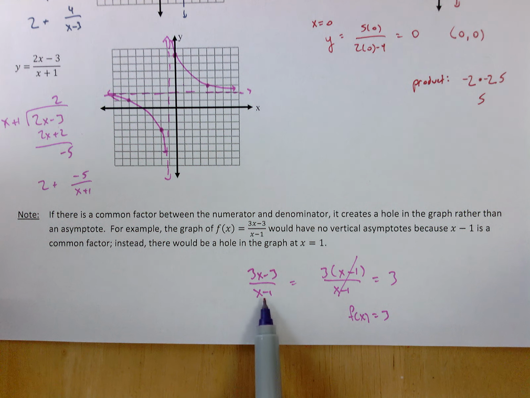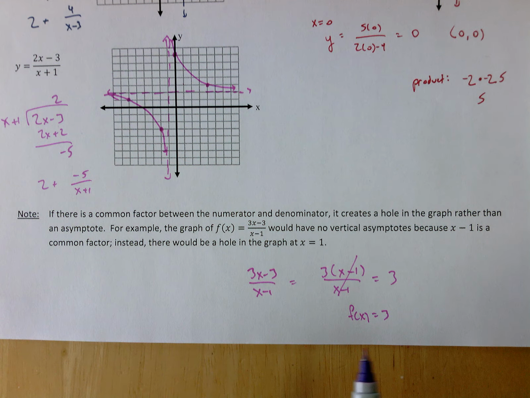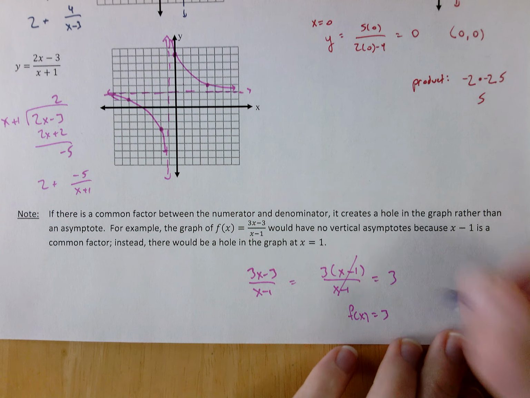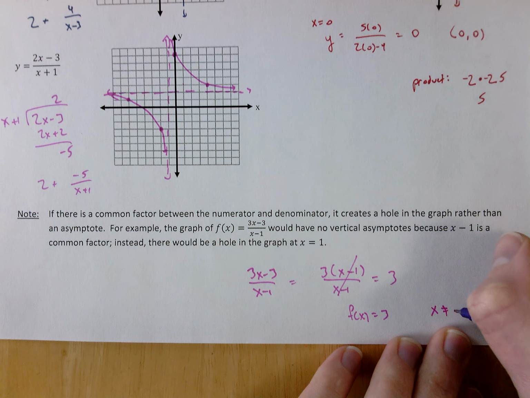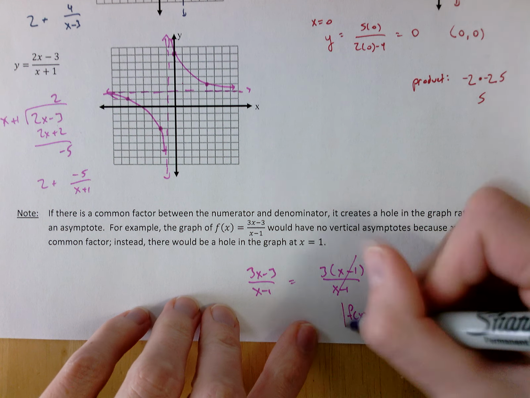I can't plug 1 into this function. If I do, I get something wrong, I can't divide by 0. But the end result doesn't have a problem here. So what you would have to do is simplify it and then specify x can't be 1 because it was a problem here.